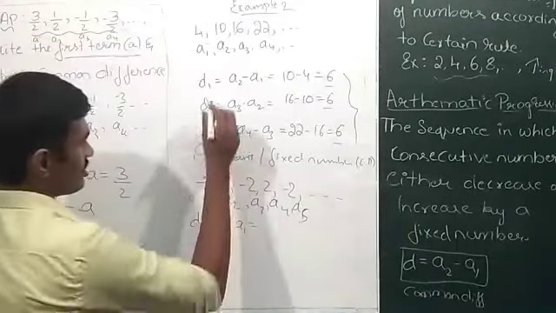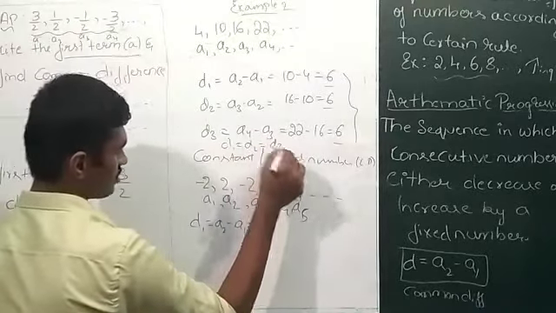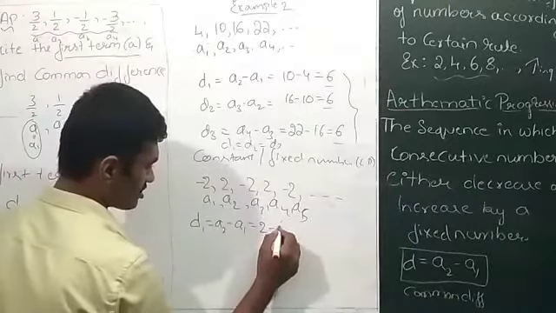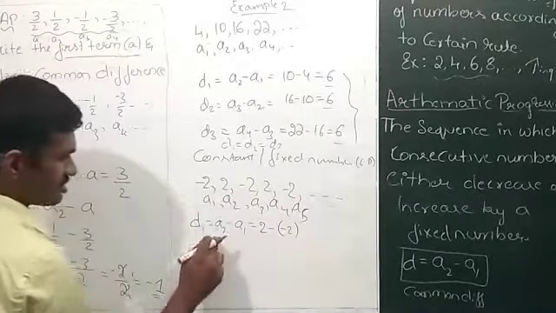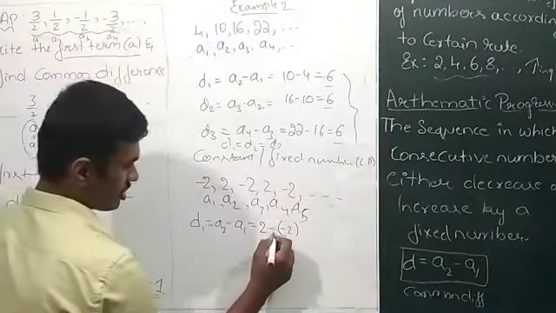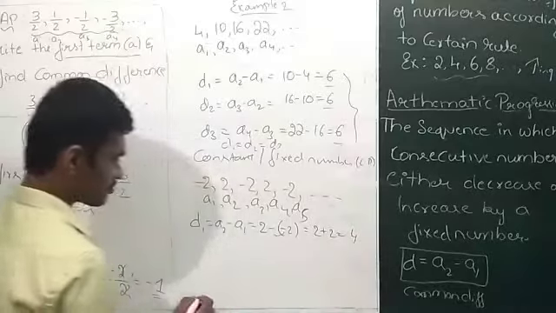For an AP, D1 is equal to D2 is equal to D3, so that is called constant. A2 here is 2, A1 here is minus 2. So minus into minus is plus: 2 plus 2 is equal to 4.